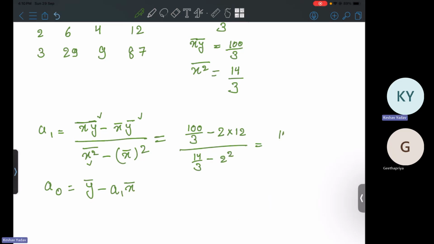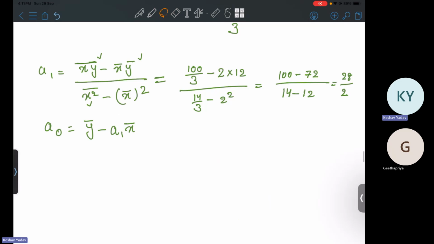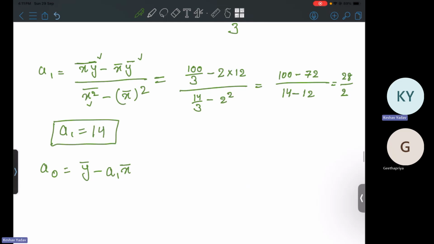So it will be equal to 100 minus 72 divided by 12 minus 3 multiplied by 4, 12. So 28 divided by 2, from here A1 will be equal to 14. Okay, so this is what we have got, the A1 value.